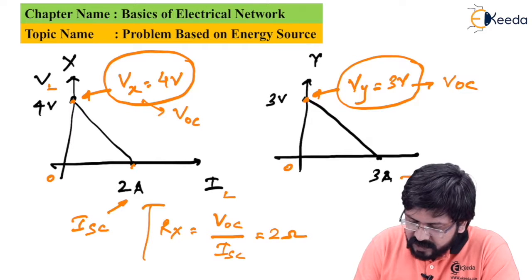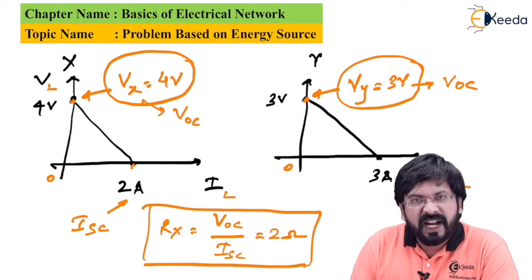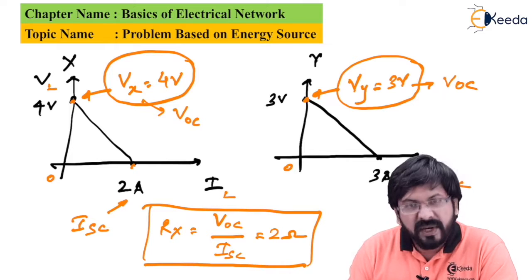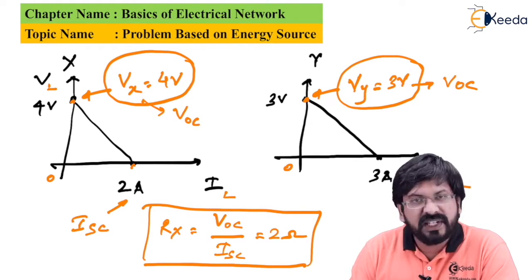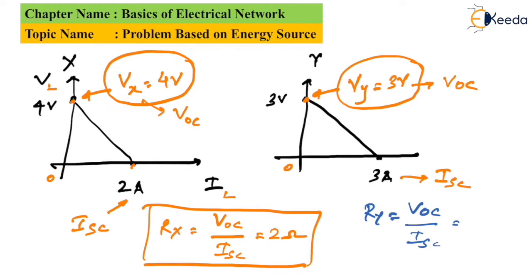So the value of Rx becomes 2 ohms. Whereas for the Y characteristic, VOC was 3 volt and ISC is 3 ampere. So Ry comes out to be 1 ohm.